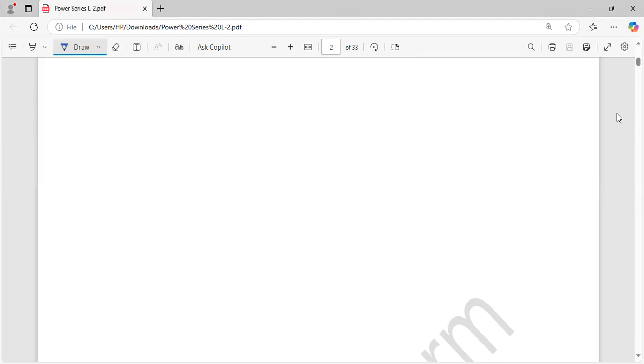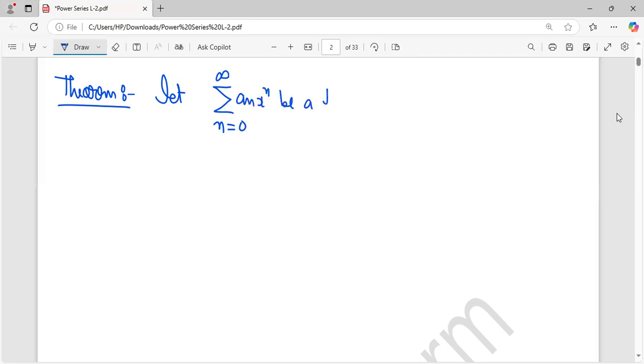So before defining the radius of convergence, we would like to state one result, that is, a theorem. Let this series be a power series.